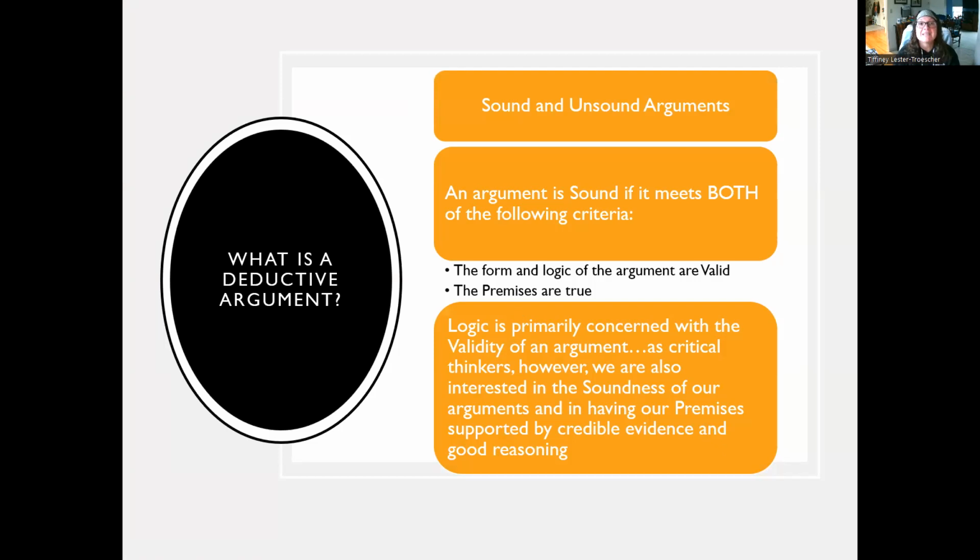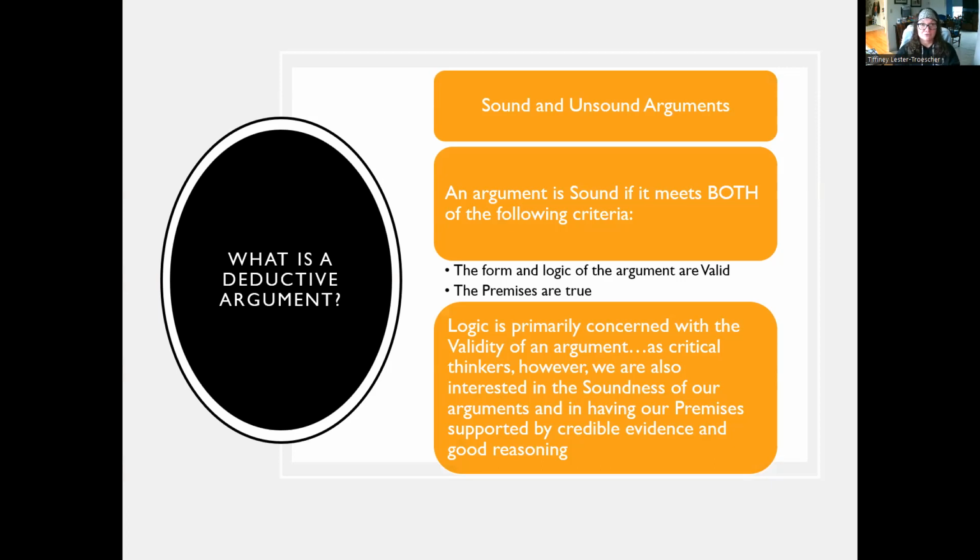It might take some research to make sure that every premise is true and accurate. Well, why would we even do that if we don't know yet if the argument is even valid? So we look at the form first. We look at the form, the logic, and the pattern of reasons to make sure it's valid. Once we know it is valid, then we start looking at the premises. Are all of the premises true, right?